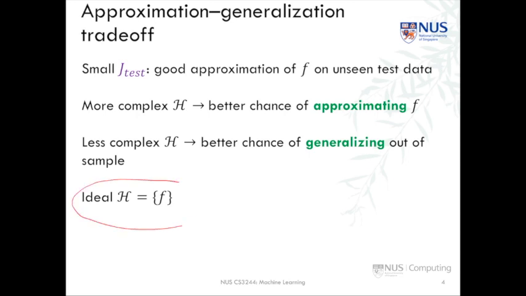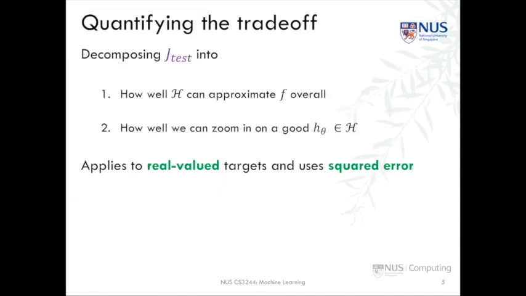Ideally, of course, we would like a hypothesis set that just includes the target function, just one of a kind. Of course, that's almost impossible to wish for, and so there's always a trade-off about deciding to use a larger, more expressive hypothesis set or one that's less complex. So we're going to quantify this trade-off between the test cost, which is ultimately what we want to optimize.